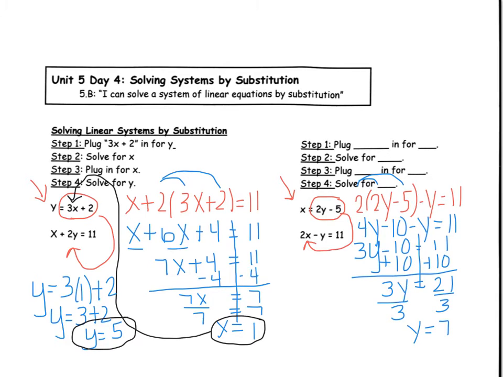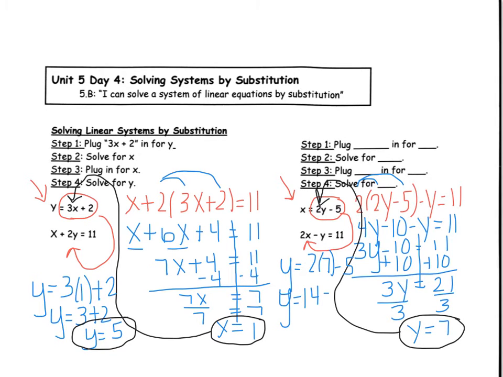Once you know what y equals, you take that, you go back up to your first equation, plug it in, and solve for x. x equals 14 minus 5, x equals 9.